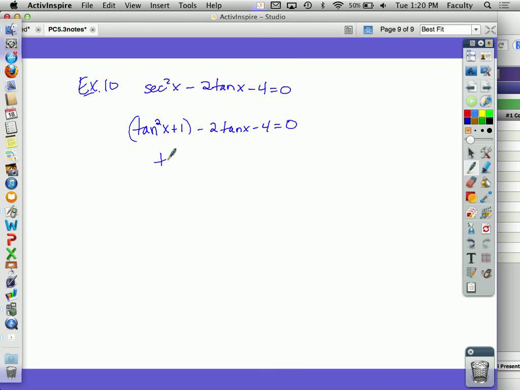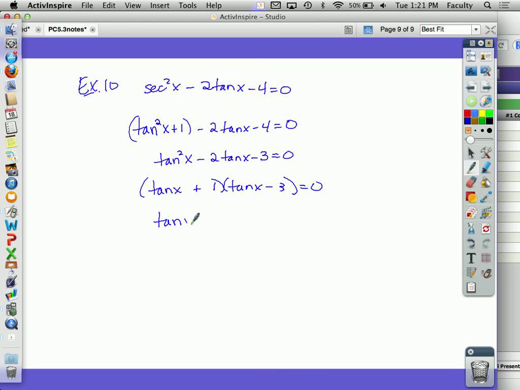So, if I collect like terms, I get tangent squared x minus 2 tangent x minus 3 equals 0. Then I'm going to factor this. So I get tangent x, I'm going to do a 3, a 1, a minus, a plus. Let me check my work when I factor. Yep.